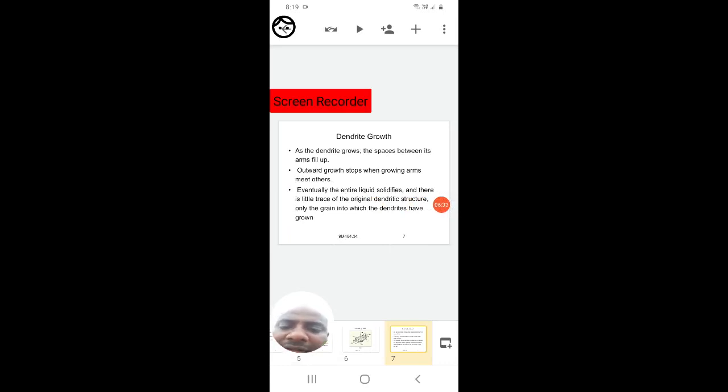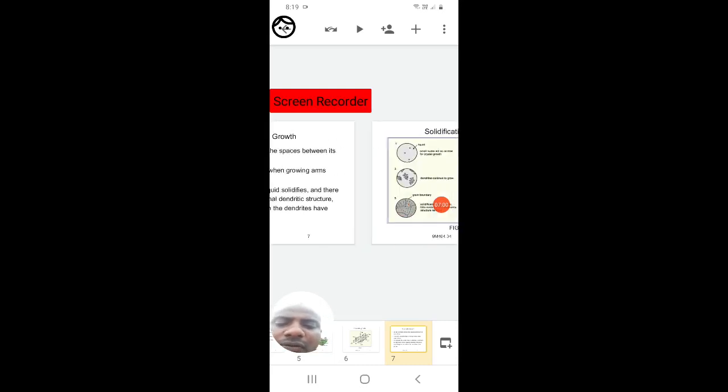As dendrites grow, the space between their arms fills up. Outward growth stops when growing arms meet each other. Eventually the entire liquid solidifies, and there is little trace of the original dendritic structure, only the grains into which the dendrites have grown.